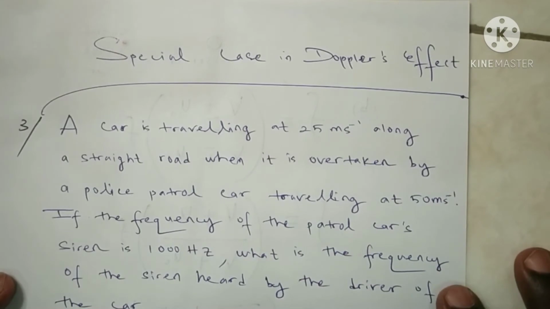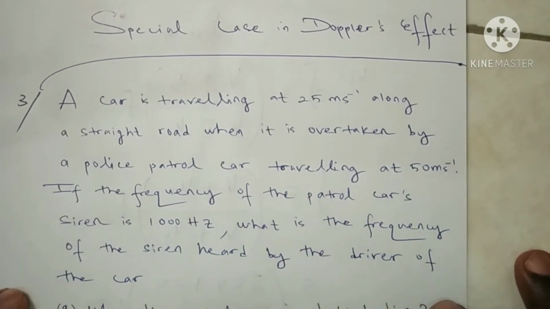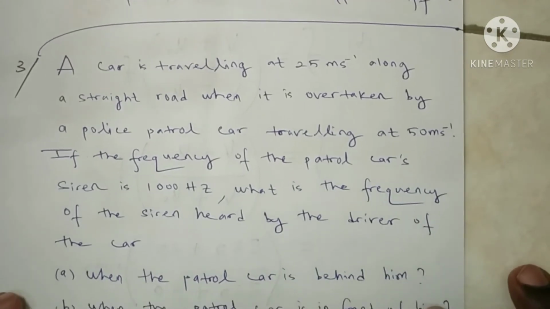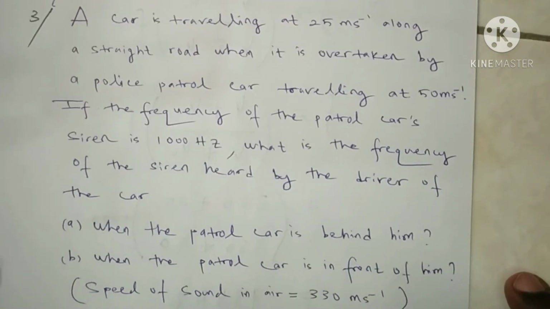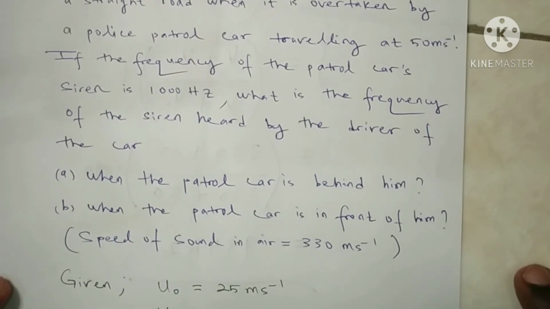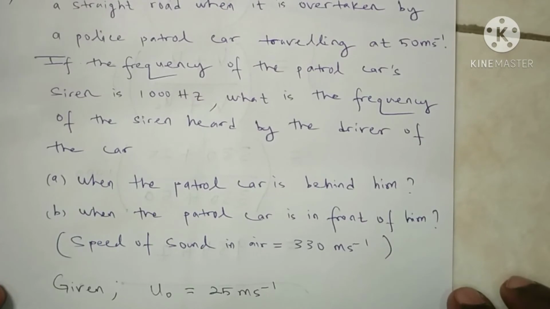If the frequency of the patrol car's siren is 1000 Hz, what is the frequency of the siren heard by the driver of the car when the patrol car is behind him, for A. And for B, when the patrol car is in front of him. The speed of sound in air is 330 meter per second.